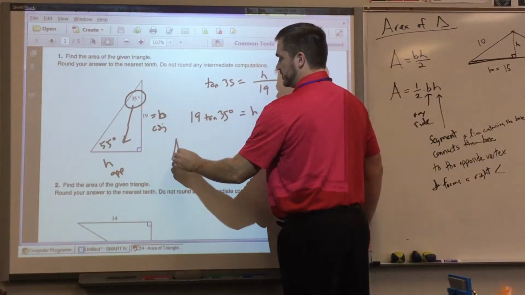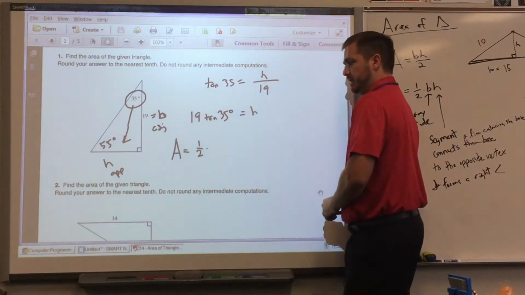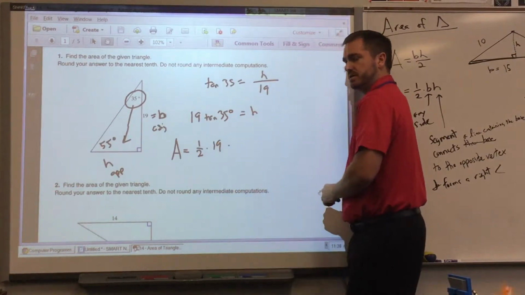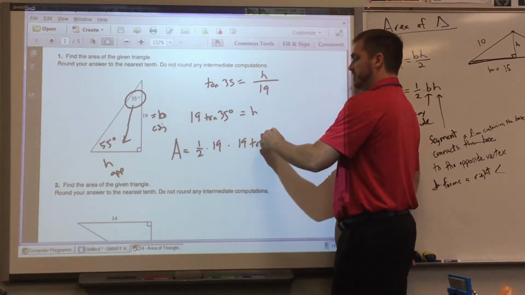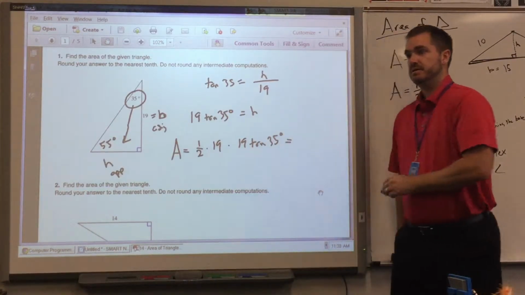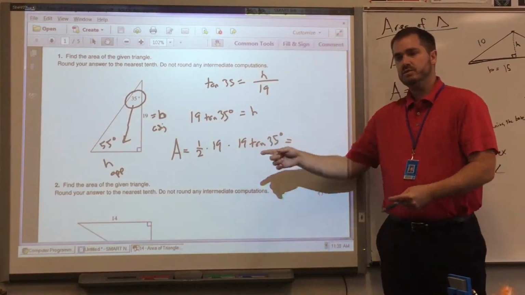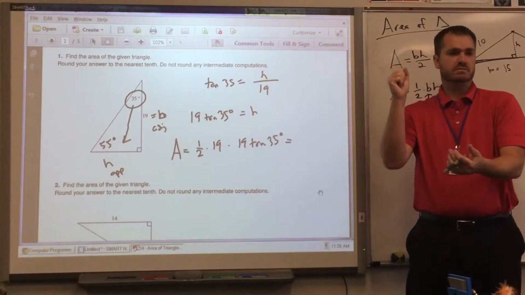What's the formula for the area of a triangle? Half the base, which is 19, times the height, 19 tan 35 degrees. So you just saved us a little bit of time here. Now all you have to do is type in 1/2 times 19 times 19 times tan 35, enter.